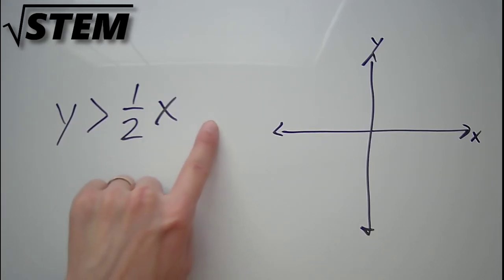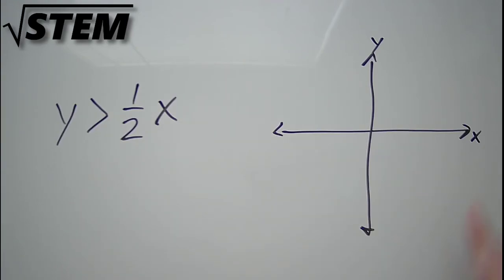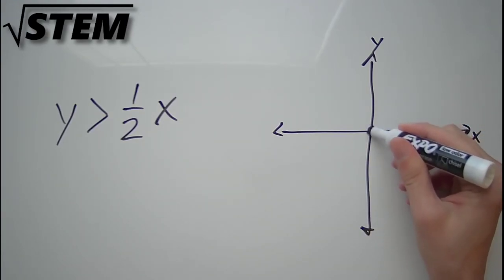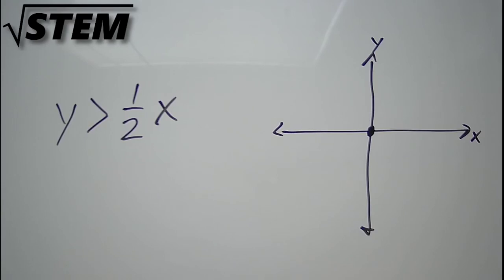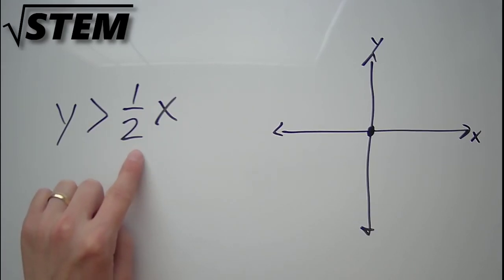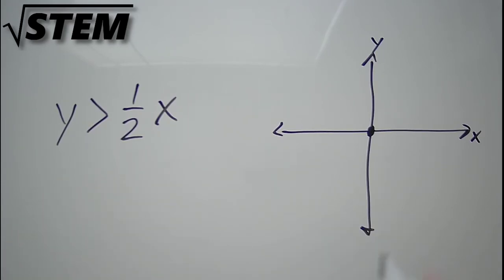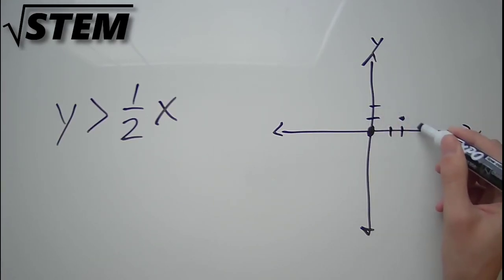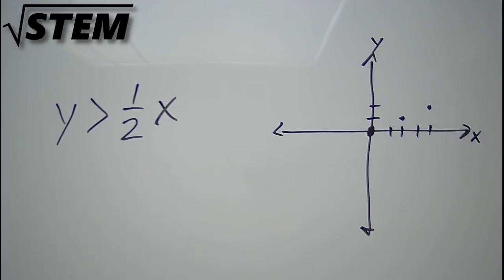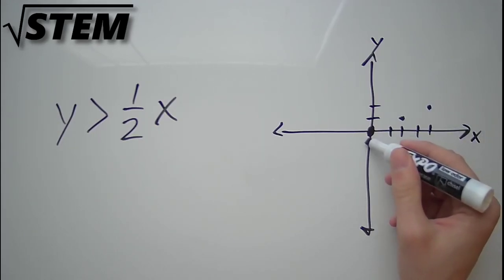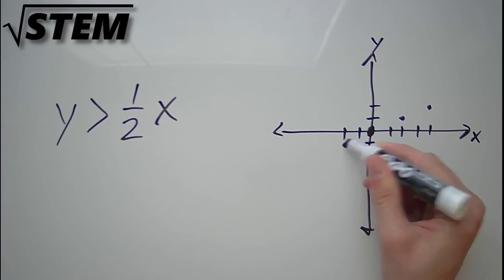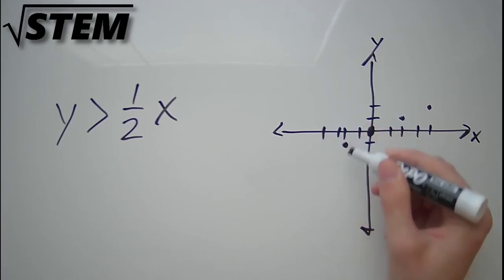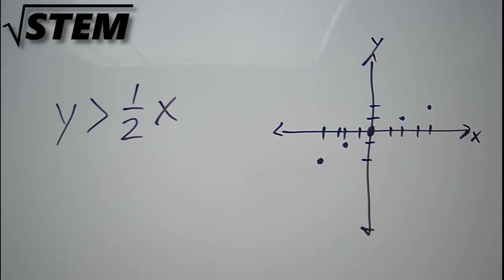Now, since there's no y-intercept, that means that when x equals 0, we're going to start at the origin, and the slope is positive 1/2, so we would go up 1 and over 2, up 1 and over 2, then in the other direction we would go down 1 and back 2, down 1 and back 2.